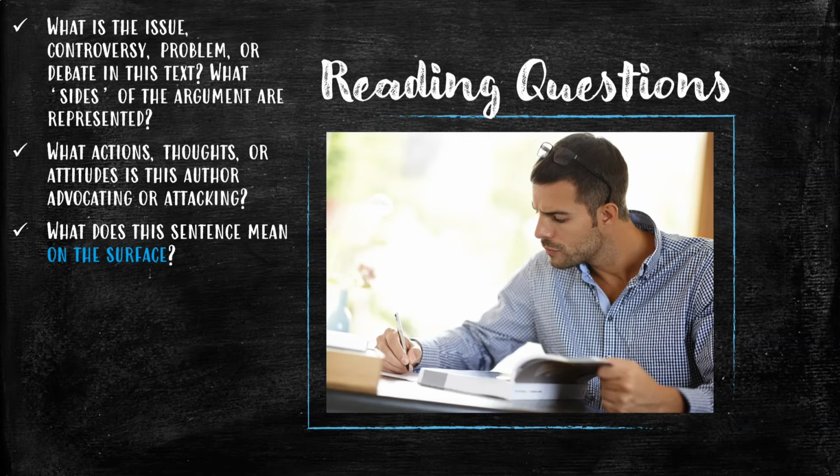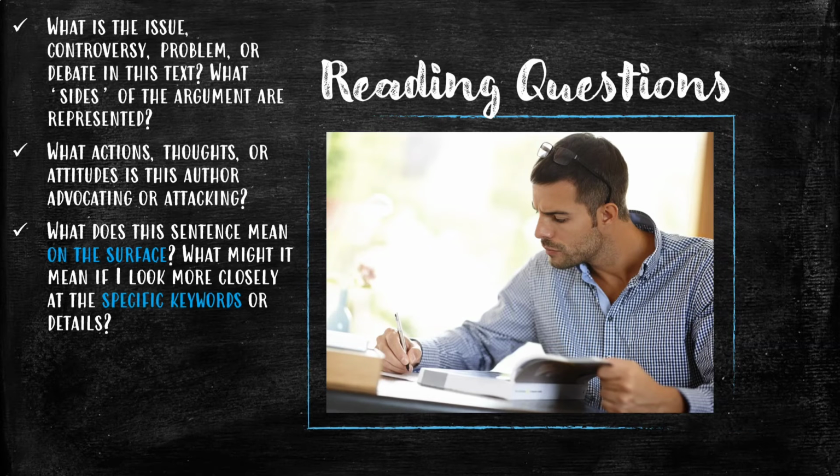Next, to dig deeply into specific claims, you can target a sentence and ask, what does this sentence mean on the surface? So what is the denotation, the surface level meaning of this claim or phrase or sentence? Then, what might it mean if you look more closely at specific keywords and details?